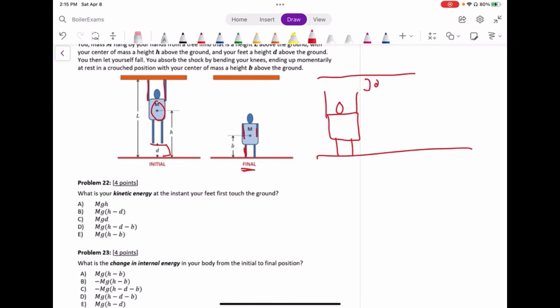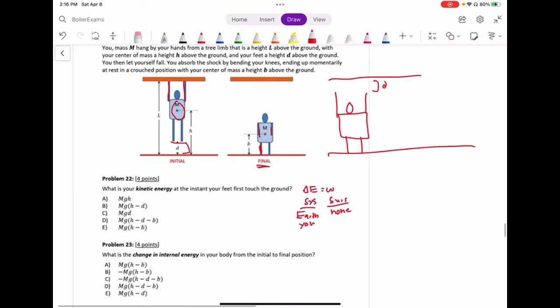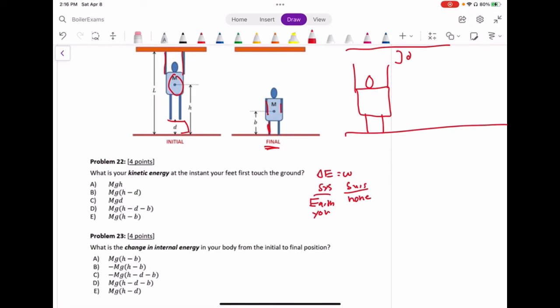Okay. So let's use the point particle system because nothing's moving. So let's use our energy principle. Delta E equals work. System, surroundings. Okay. Earth, U, none. So our delta E then is going to be delta K trans plus delta U gravity.